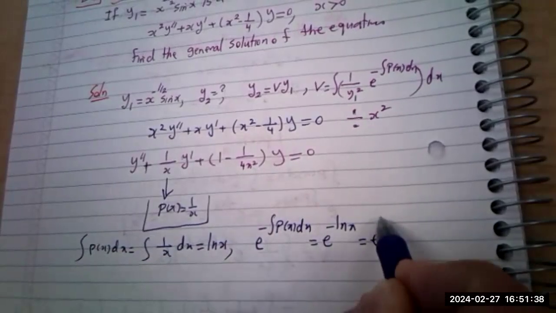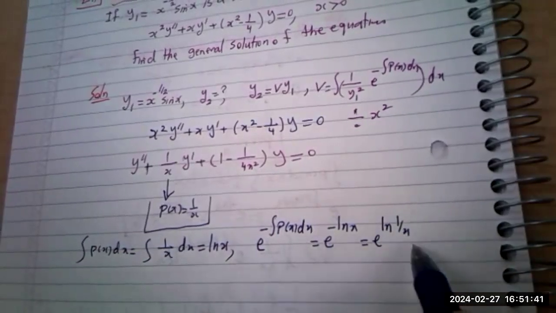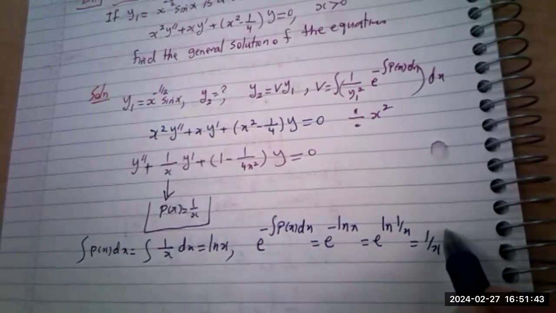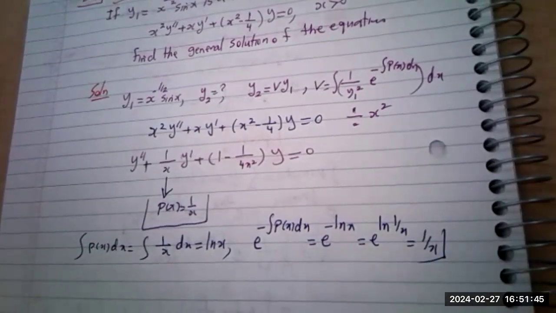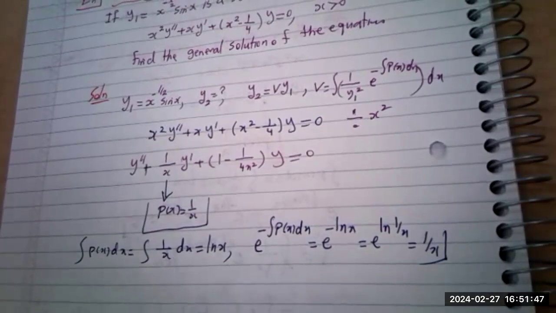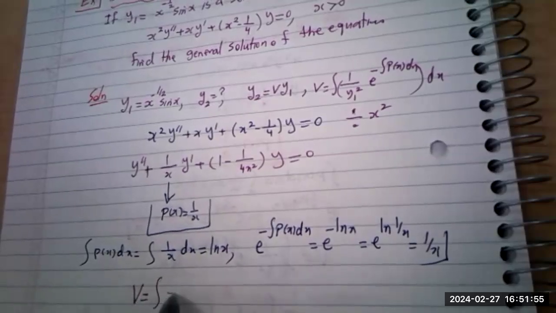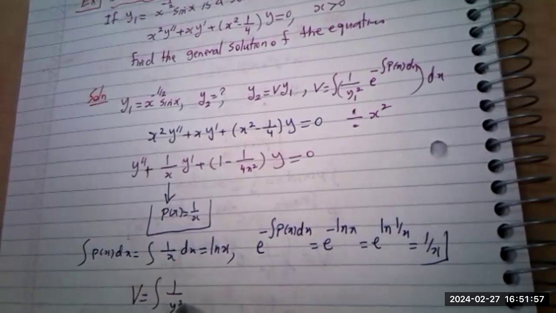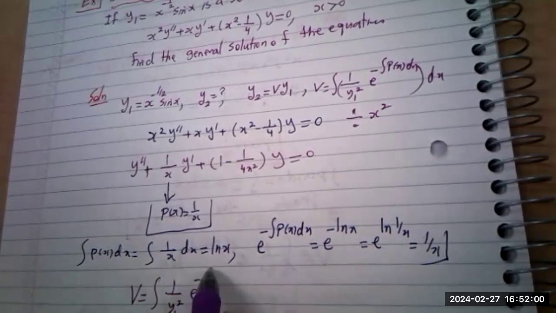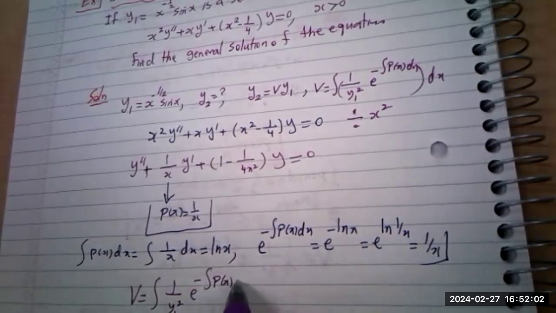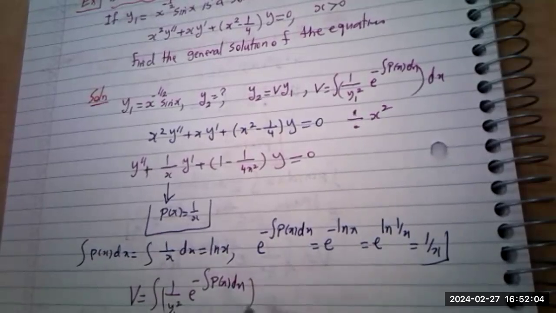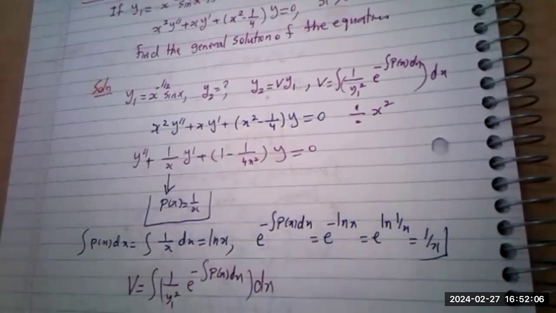It's going to be e to the ln of 1 over x. And the result will be 1 over x. That's the e part. You pay attention when you simplify it. Now I'll go and form the v. So what is the v? The v is the integral of 1 over y1 squared, I repeat it, you don't have to, times e part, px dx, everything dx. Substitute.